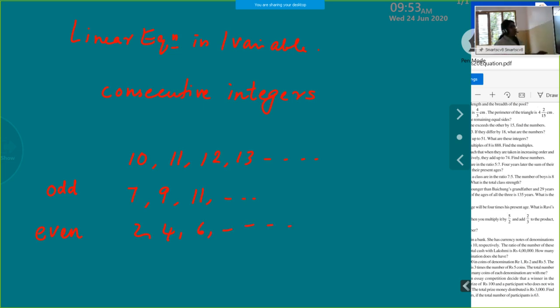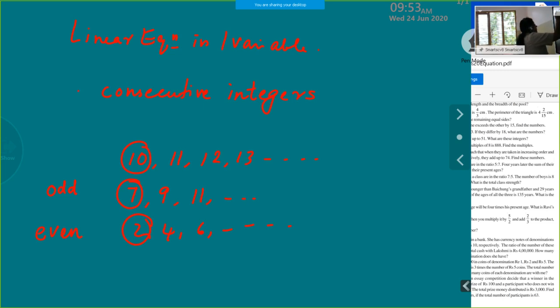Now, in all these three cases, the first number I said was 10, 7 and 2. Suppose we do not know the first integer.